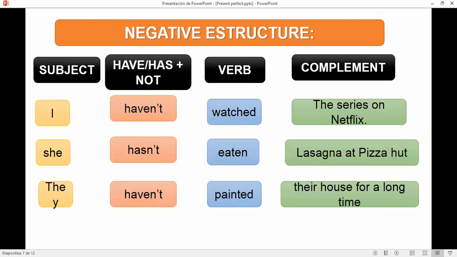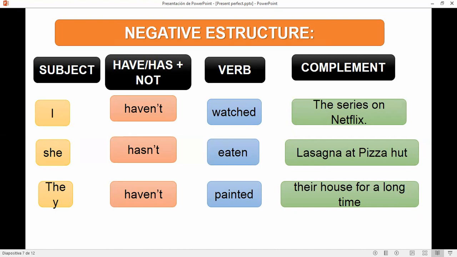That is in affirmative. What about negative? For negative, it's the same, just we are going to add not. I have not, you have not, they have not, we have not, he has not, she has not, or it has not, okay?